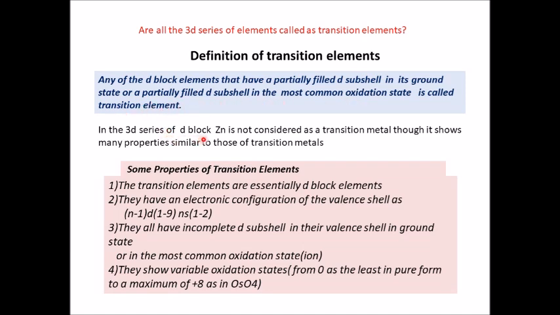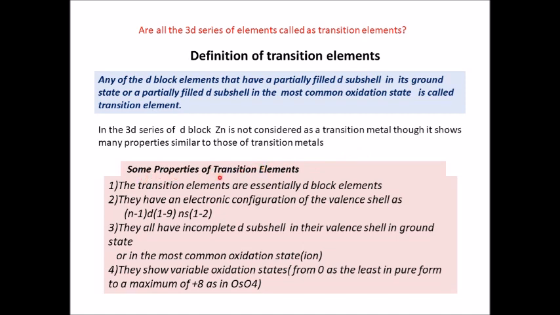In the 3d series of the d block, then zinc should not be considered as a transition element because it has completely filled d orbitals, but it shows many properties very similar to those of transition metals, and so it is placed in the d block and also considered as a transition metal as far as the properties are concerned, only some.